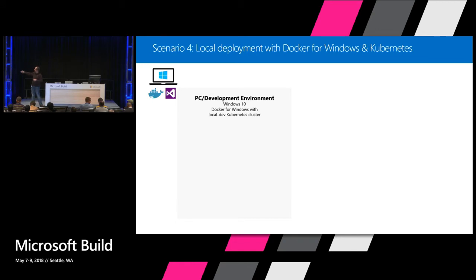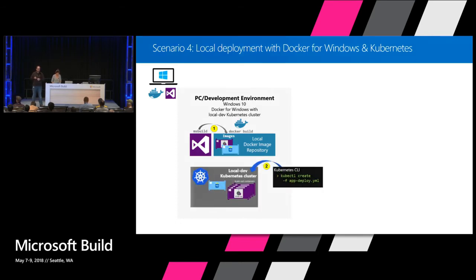So we have a PC development environment, we have Visual Studio, and with Visual Studio, you build the image in your local repo in your PC just by building from Visual Studio or from the command line. And once you have that, and this is the new thing for Windows containers, you can have a whole Kubernetes cluster in your single PC.